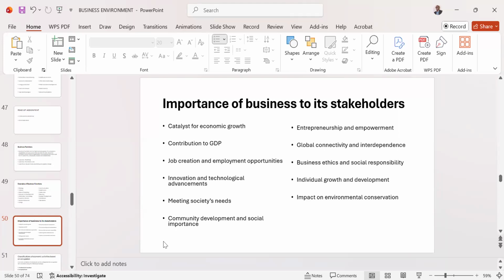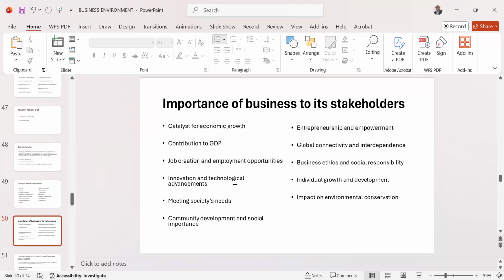So if people are buying and people are selling, then the economic growth of that particular state or nation will increase. And this is what contributes to the GDP, which is the gross domestic product, of a country. So when economic growth happens, then the GDP will also increase.